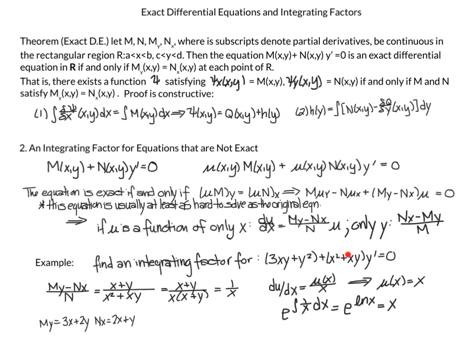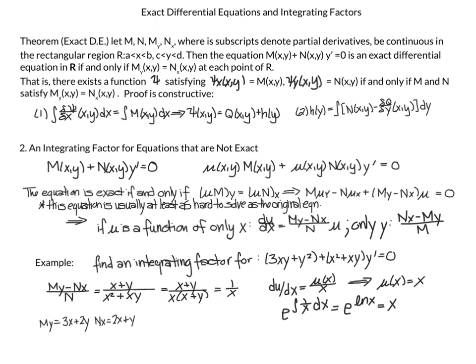So we have that here. Our m is our 3xy plus y squared. So our partial derivative of m with respect to y is 3x plus 2y. So plugging into this equation, my minus nx over n, I get x plus y over x squared plus xy, which simplifies to 1 over x.